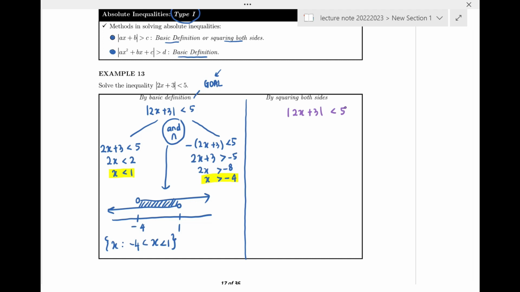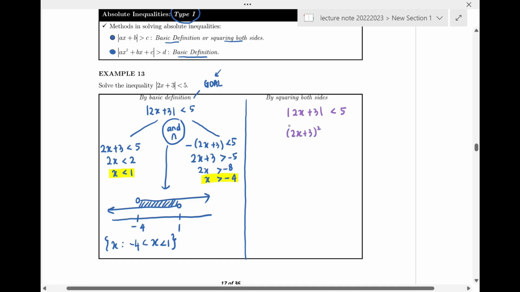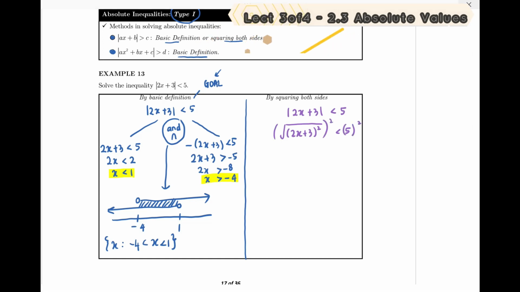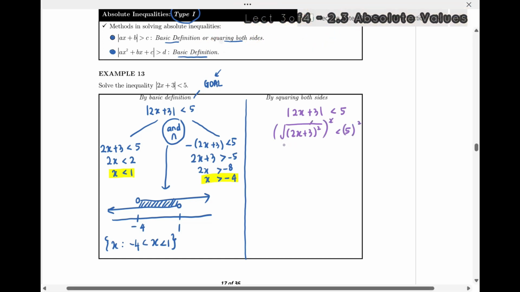First, we have to use the definition of distance, which is the square root of 2x plus 3 squared. In order to cancel off the square root, we have to square both sides like this. Then we are left only with 2x plus 3 squared less than 25.